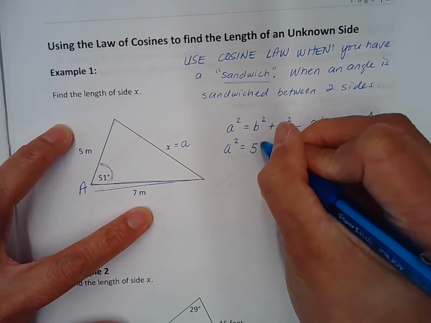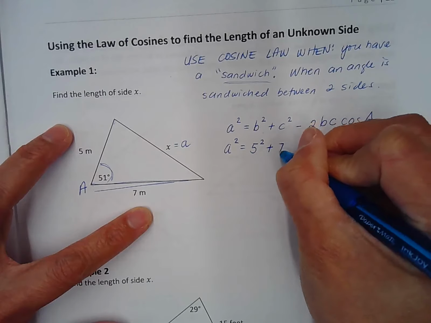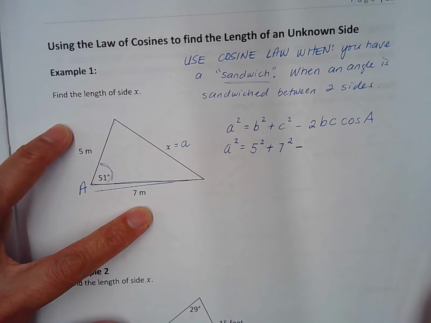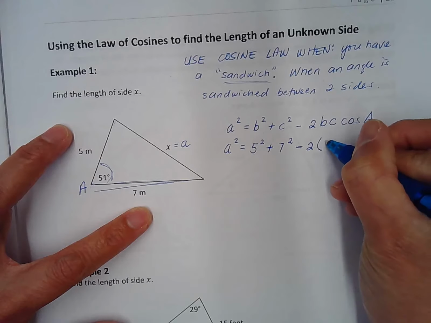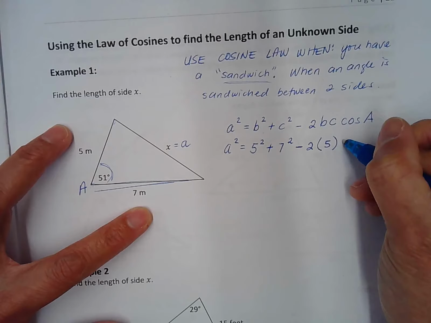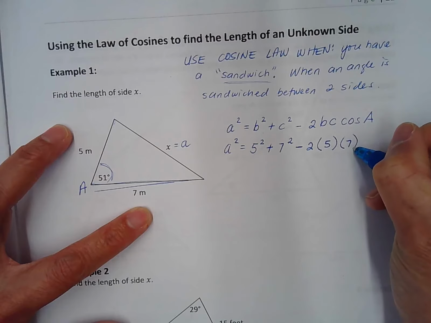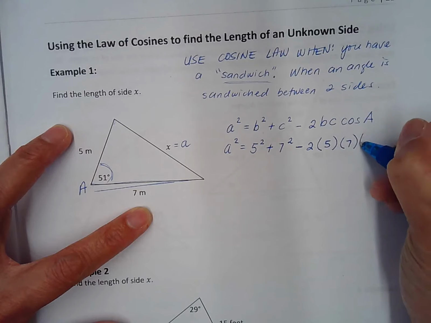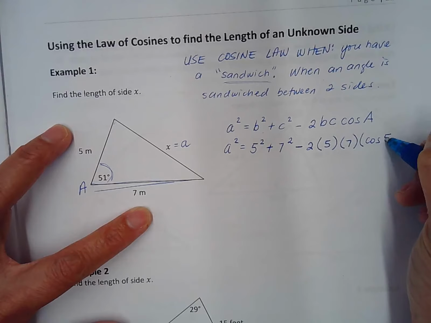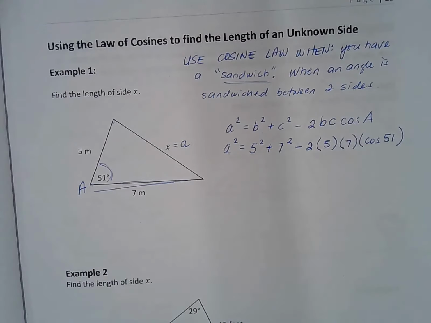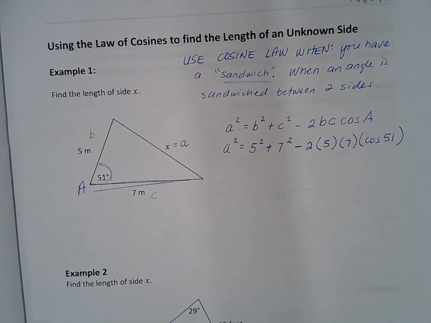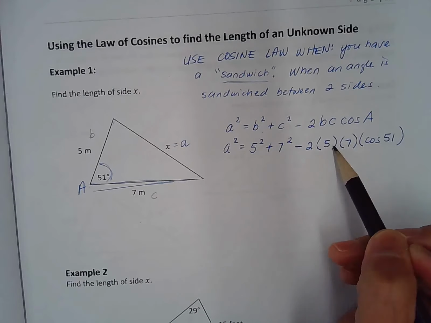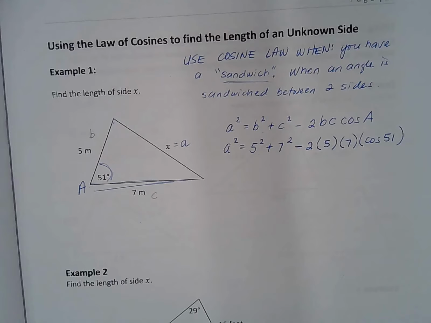So it could be 5 squared plus 7 squared minus 2 times 5 times 7 times cos of 51. Okay. So we said that this is the b, and then this is the c, and then we substituted those values into our formula.